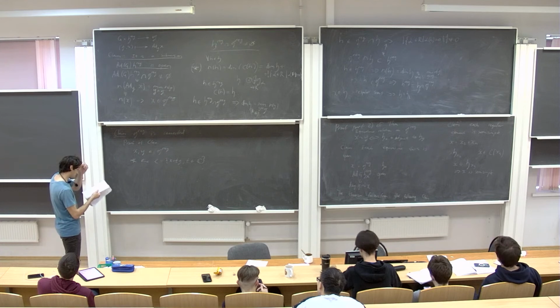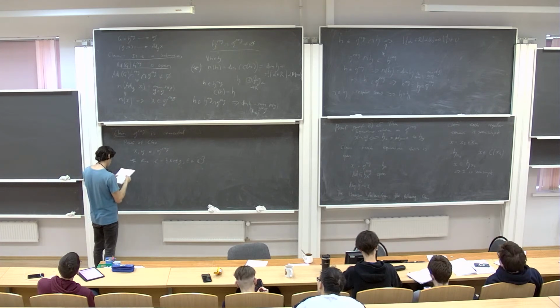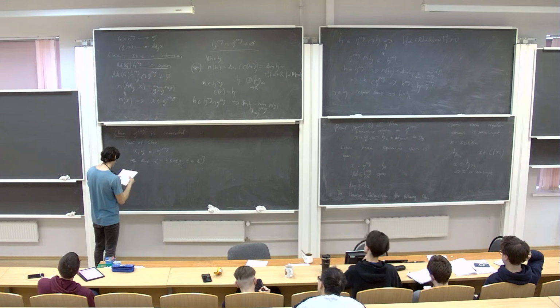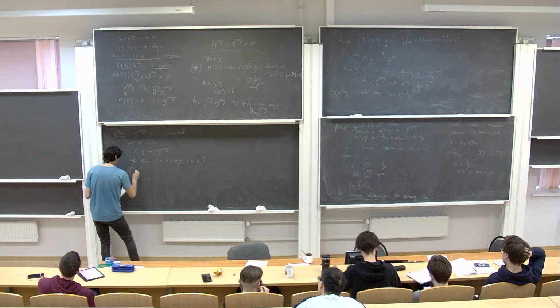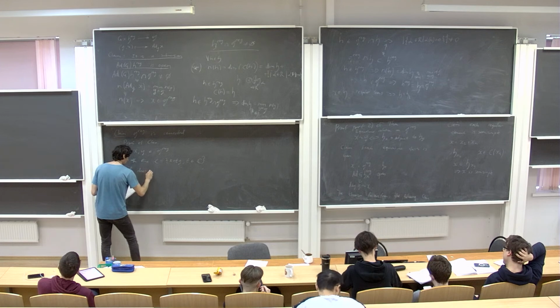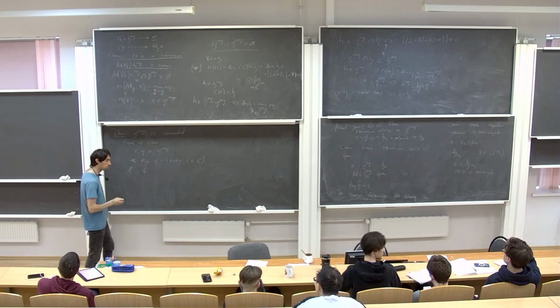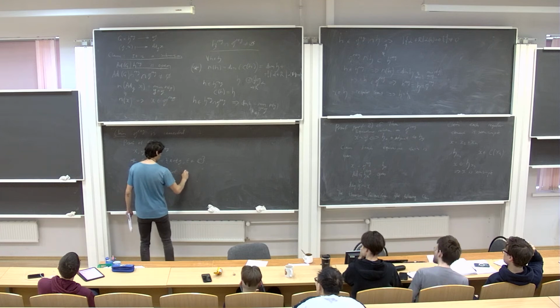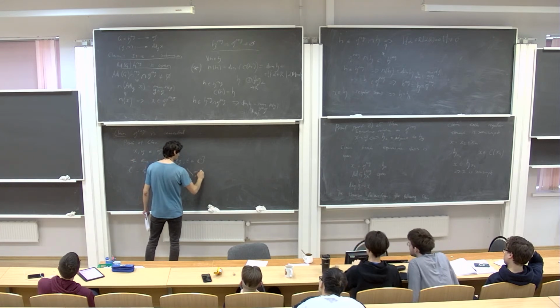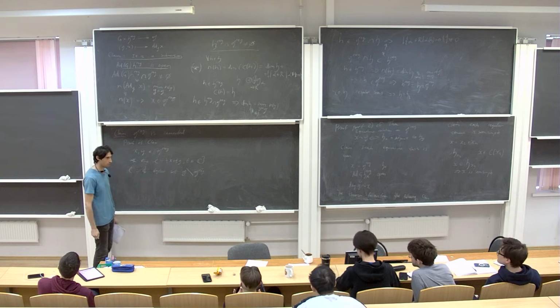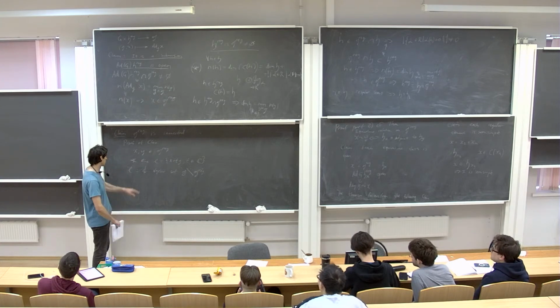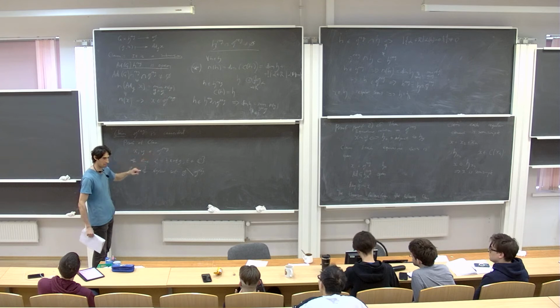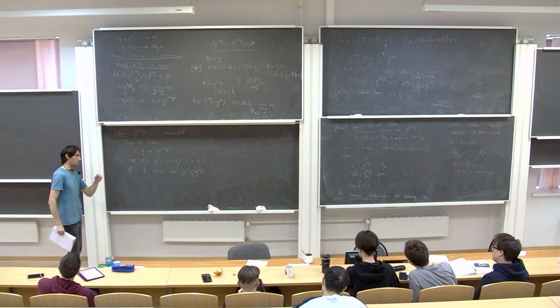Then this L does not belong, so maybe let me write it like this, does not belong to the algebraic set G minus G regular. This is some tautology, of course, because I have at least two points here that belong to G regular. So it doesn't belong to the complement.